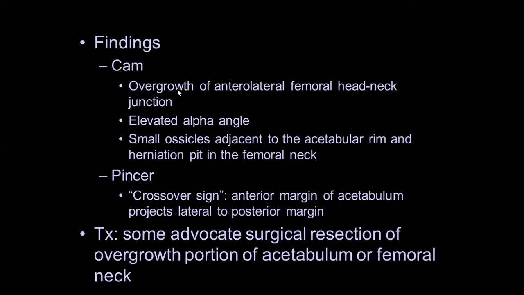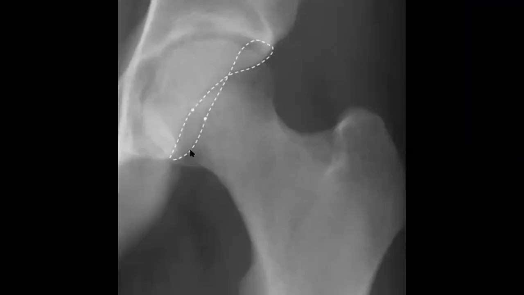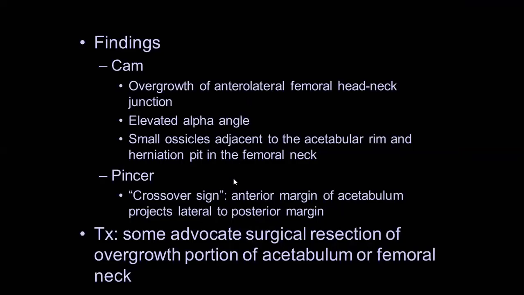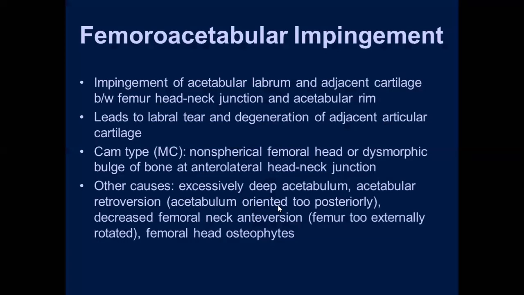When you find overgrowth of the femoral head-neck junction, the alpha angle will be elevated, and you will find this bump sign. Yes. The pincer type has the crossover sign, like this one. Yeah. And you will find the anterior margin of the acetabulum projecting lateral to the posterior margin, like this.